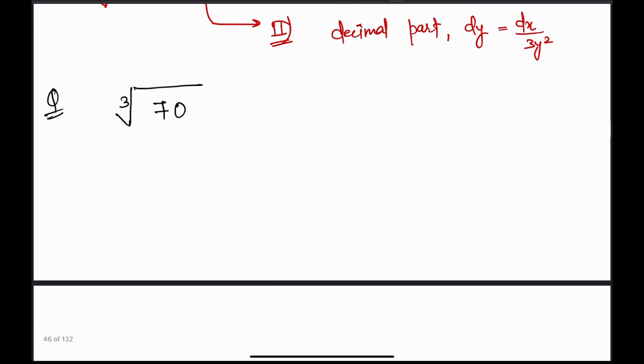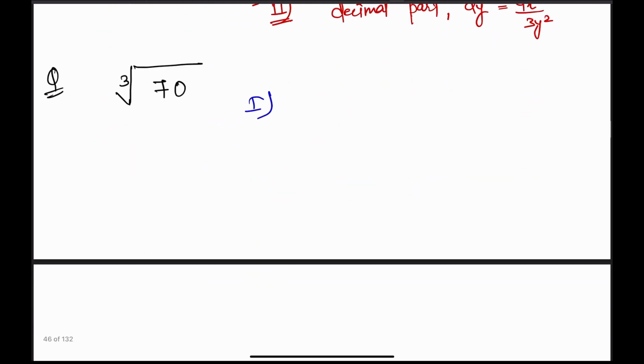So the first part was the nearest perfect cube. So the nearest perfect cube is what? 4, because 4 cube is 64. Now we know that there will be some decimal part, so 4 plus decimal we can write.